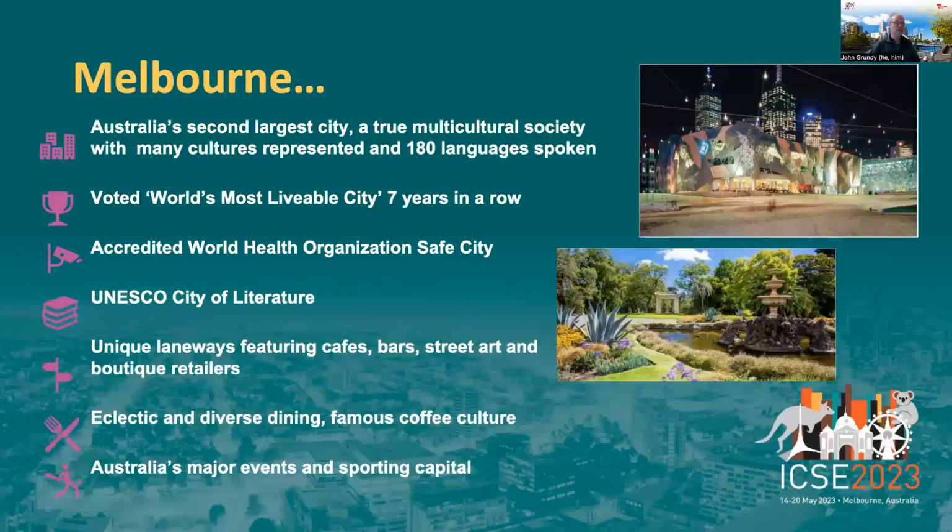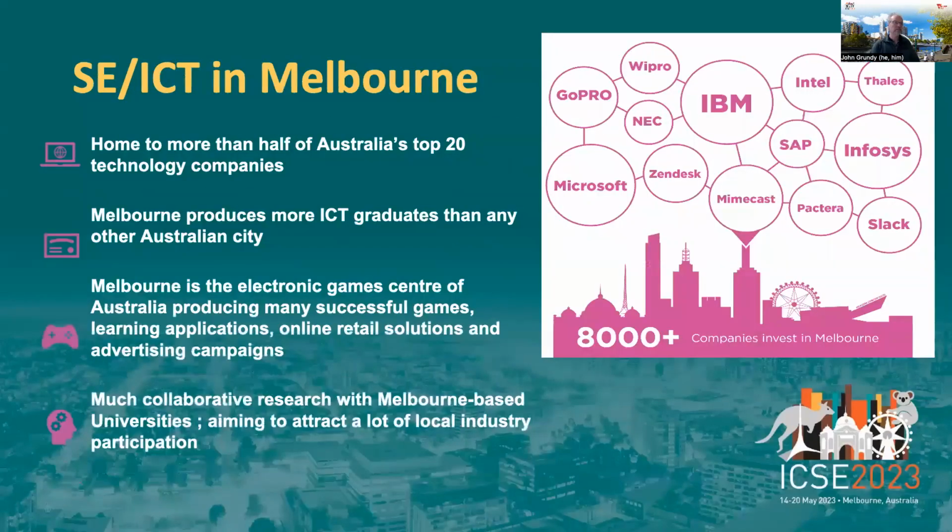Melbourne's Australia's second largest city, voted the most livable city seven times in a row. It's a very nice place to visit, with all manner of interesting shopping, eating, and event activities. It's a major events and sporting hub. It's also a large IT industry centre, with more than half of Australia's top technology companies headquartered here.